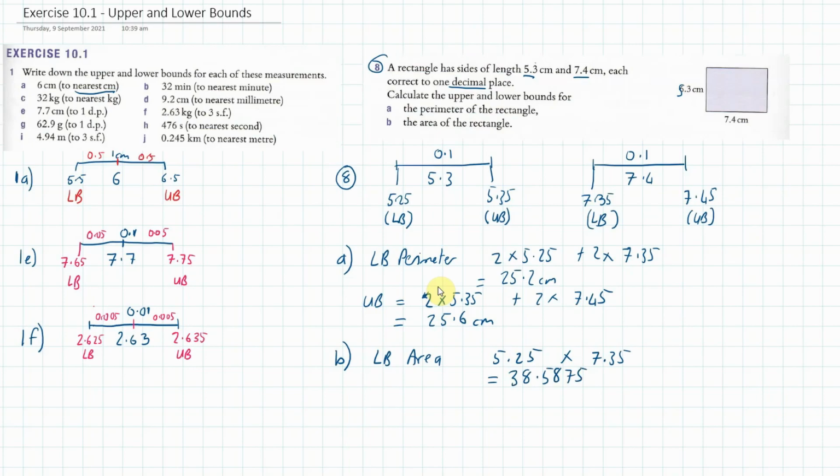Don't do any rounding for these upper and lower bounds unless they tell you to, which they're not telling us to. The upper bound for the area is going to be equal to the two upper bounds for the lengths times each other. So 5.35 times 7.45, and when we put this into the calculator, I'm getting an answer of 39.8575.